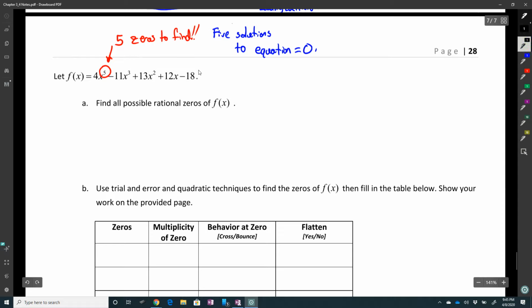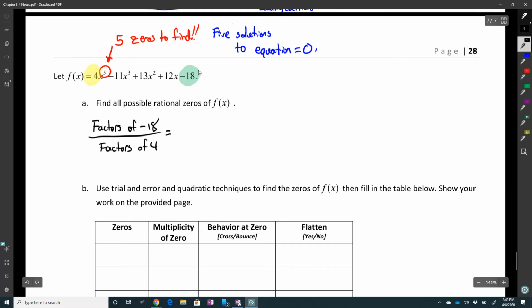So first we're going to create our list of possible rational zeros. And what you do is you take the very last number and the very first number, and the last number goes on top. Factors of negative 18 divided by factors of 4.